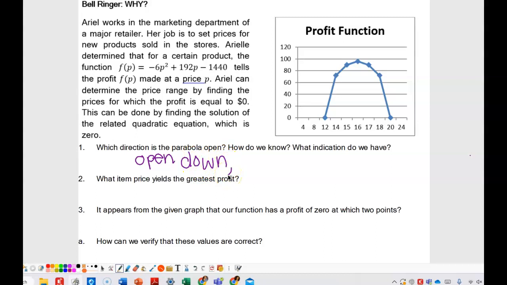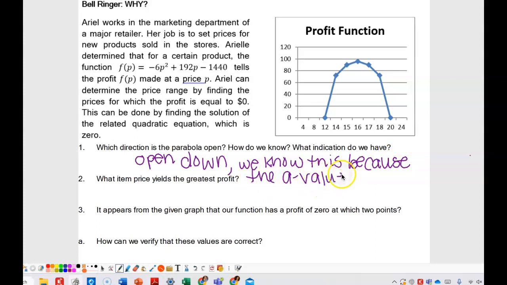We know this because the a value is negative. And the indication from the curve is that we have a maximum. The other indicator is that the graph has a max.